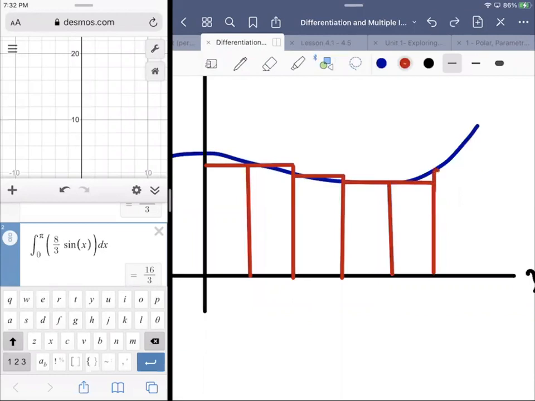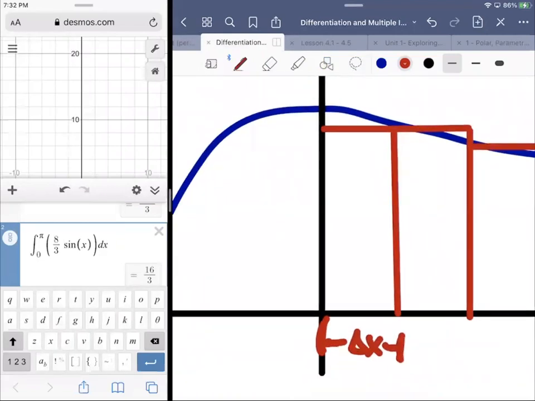And what we discovered back in Calc 2, I'm pretending I was in your Calc 2 class with you, is that if we were to shrink the width of those rectangles, right? So we had some width that was designated as delta x. But if we could bring those widths closer and closer together, so make the rectangles infinitesimally wide, so instead of a width of delta x, let me make this like a 0.25.